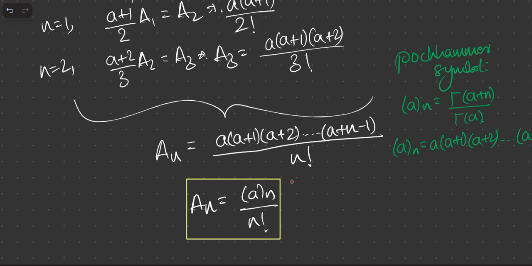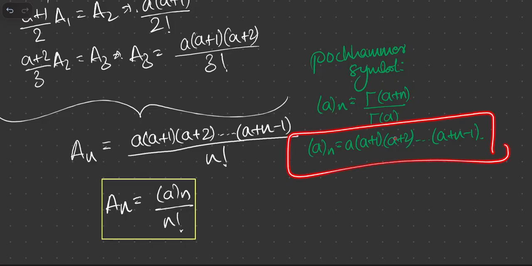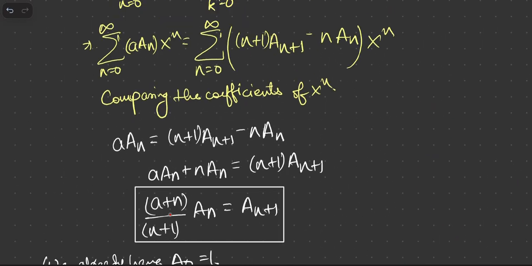From the Pochhammer symbol's definition, we can say a sub n equals the Pochhammer symbol of a sub n over n factorial. So that was the actual proof of this.